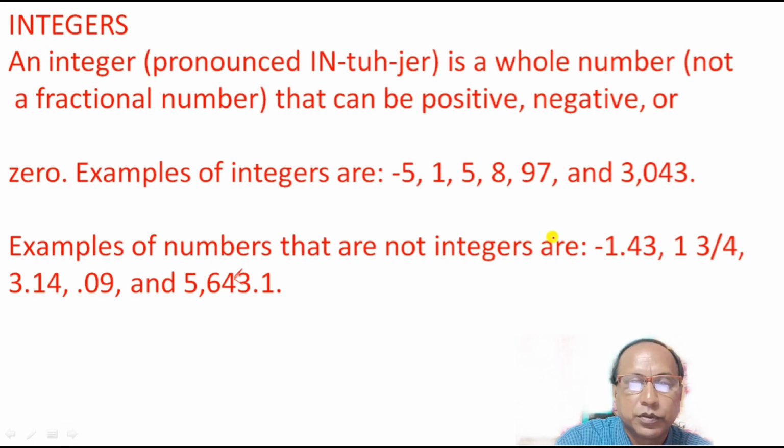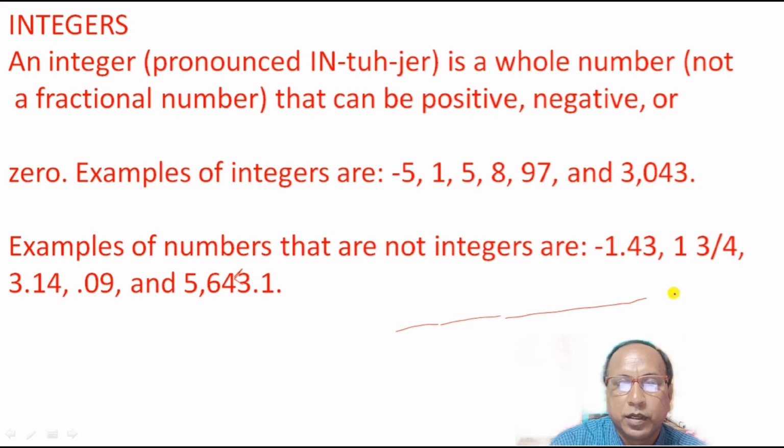Suppose this is our number line, and in the middle we represent 0. Then 1, 2, 3, 4, 5, 6 are positive integers.